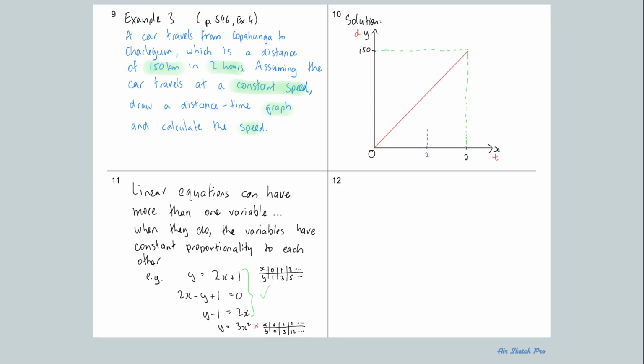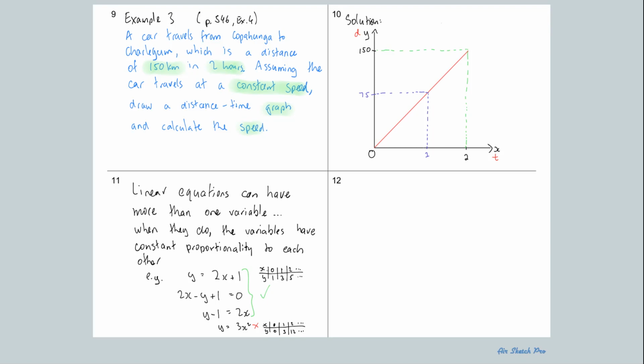And if I go up to the graph and across here, if I was using actual graph paper, I could see it for real, but I can also use my common sense and say, well, it's a constant proportionality. So if I've halved the time here, then I've halved the distance here, which is where I get 75 from. So that's what a graph is good for, I suppose. A straight line graph, linear graph, constant proportionality.